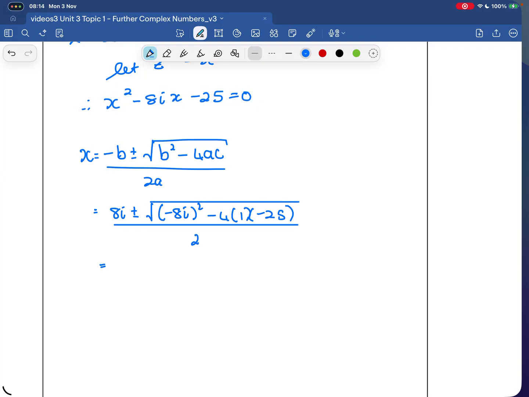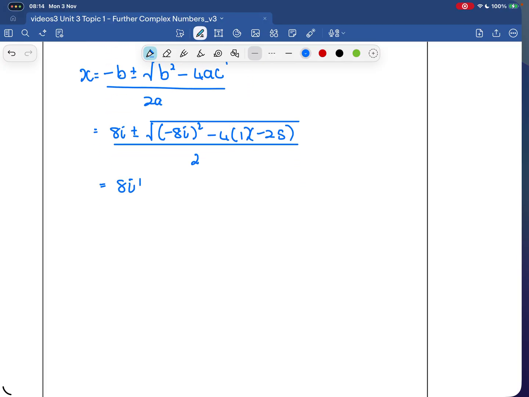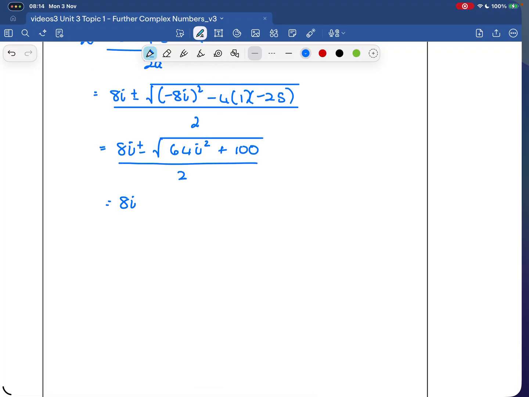All over 2. And that gives me 8i plus or minus 64i squared plus 100 over 2, and that means I have 8i plus or minus, well, 64 times i squared is negative 64, so 100 minus 64 gives me 36, and the square root of 36 is 6, and I can divide everything by 2 so that I get 4i plus or minus 3.